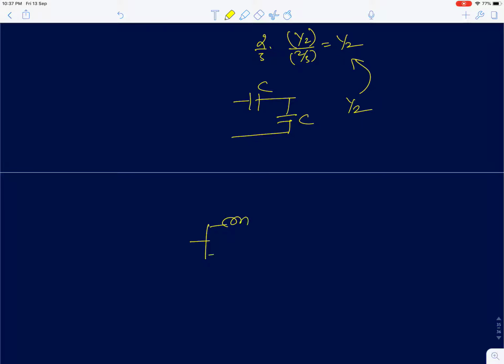And finally, we'll write this, L and C, again L to C. So you can try to write the transfer function for this circuit.